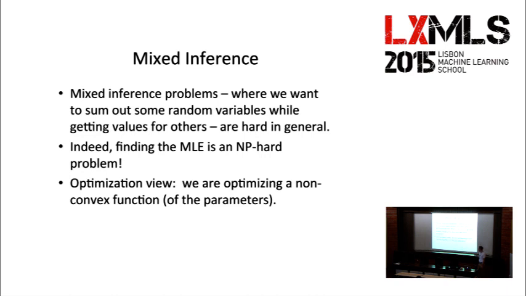So we don't really have many guarantees for finding the best parameters. But what we can do with a non-convex function is find a local optimum. We can start somewhere, and maybe if we know something about the problem, we can start in a reasonable place, and then we can climb up the hill and get to a local optimum. And that's often quite good. That's often good enough.